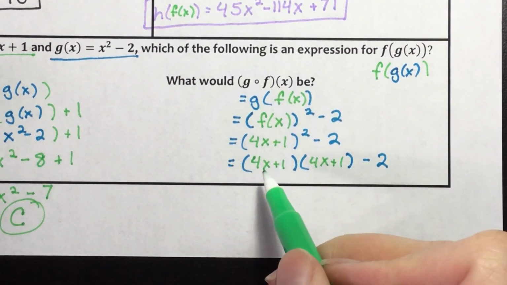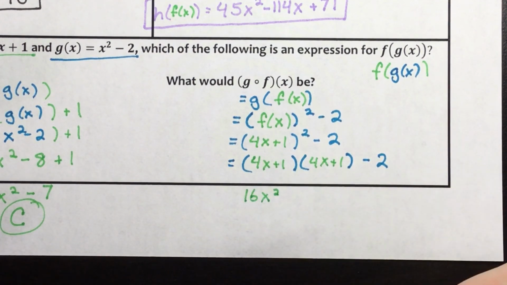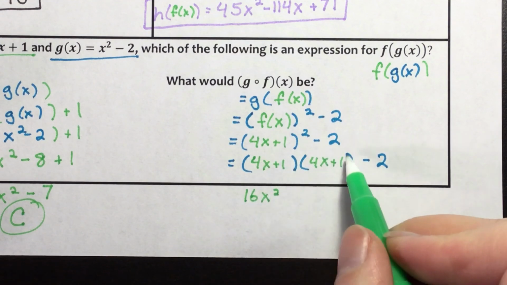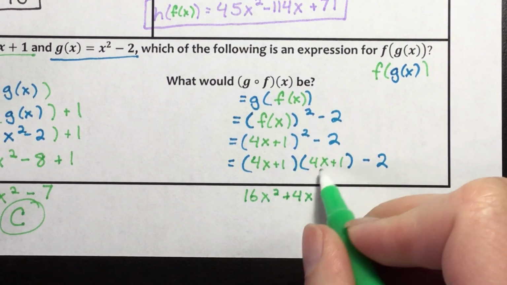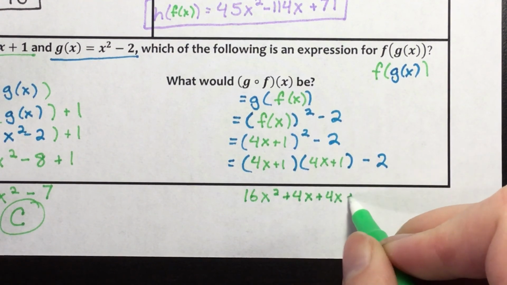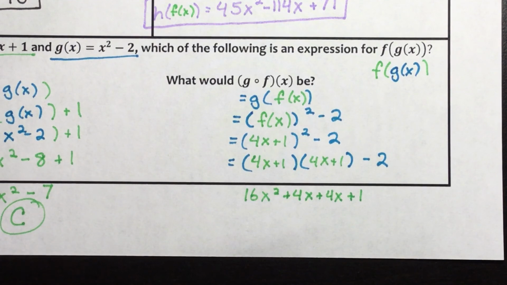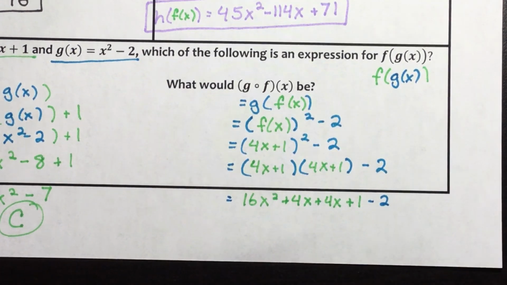Okay, distribute. 4x times 4x is 16x squared. 4x times 1 is 4x. 1 times 4x is 4x. And 1 times 1 is 1. Bring down that minus 2 that was already there.